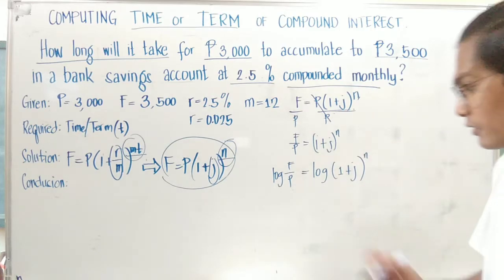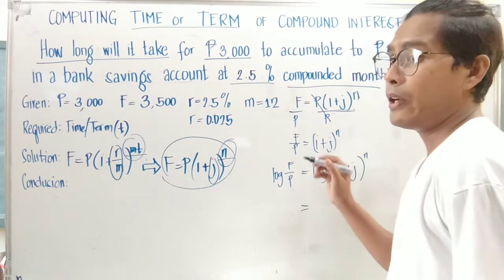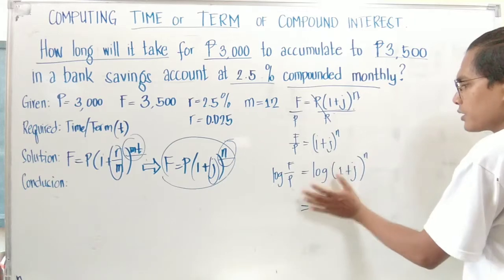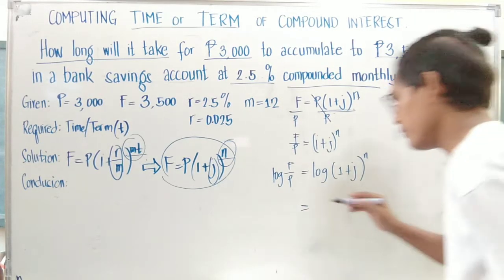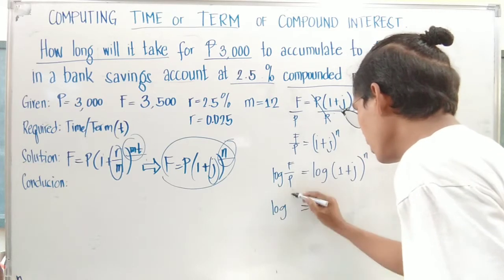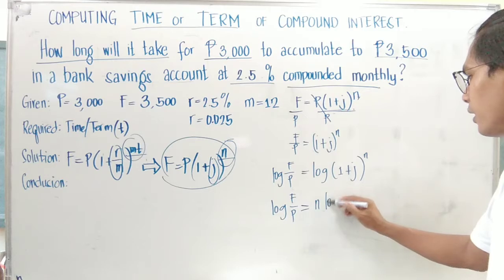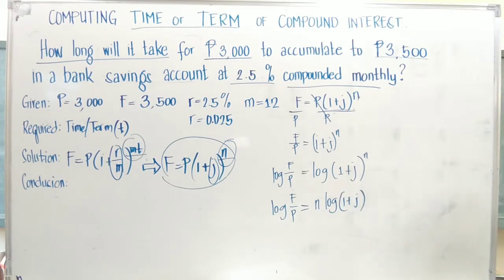Then using the property of logarithm, if you want to review this property, you can watch my other video about logarithm. So we have log of F over P, continuing, then we have n log of 1 plus j.